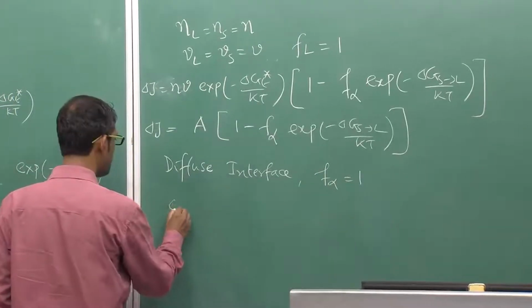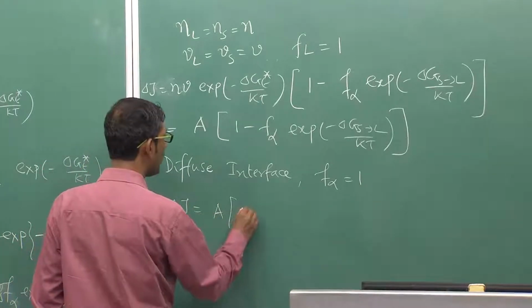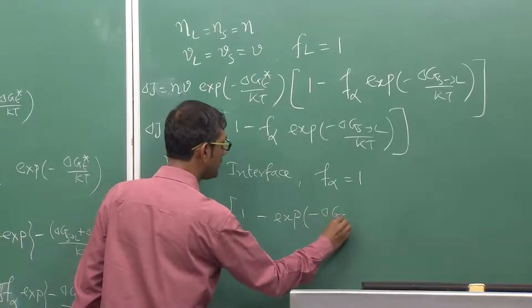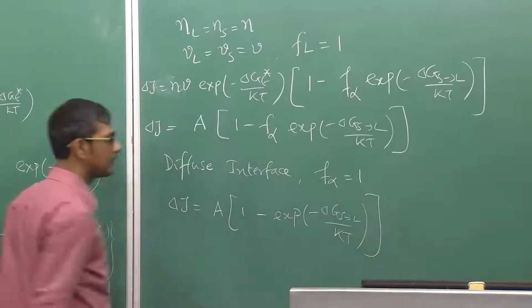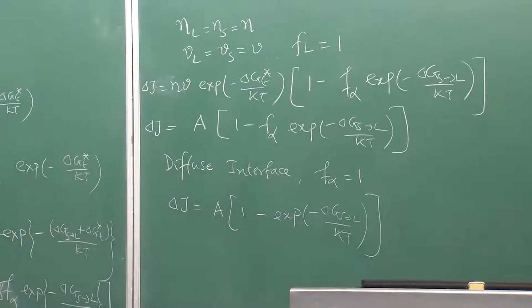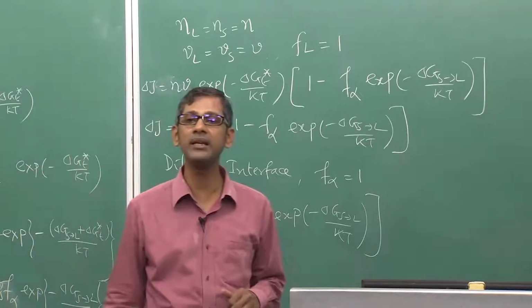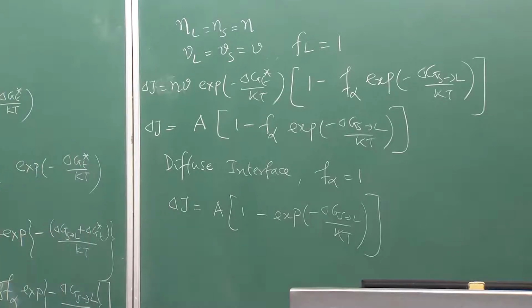Therefore, for the diffuse interface the flux balance, which is equal to the growth rate, is basically A times 1 minus exponential minus delta G solid to liquid by KT. This is an exponential function. So we can clearly see the growth on a diffuse interface will increase exponentially as a function of temperature, or as a function of undercooling.